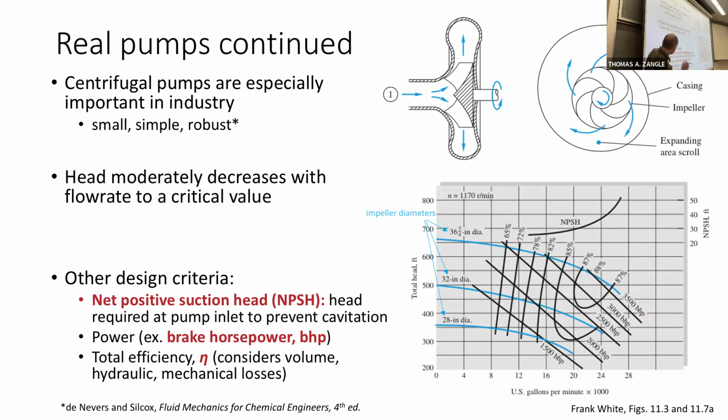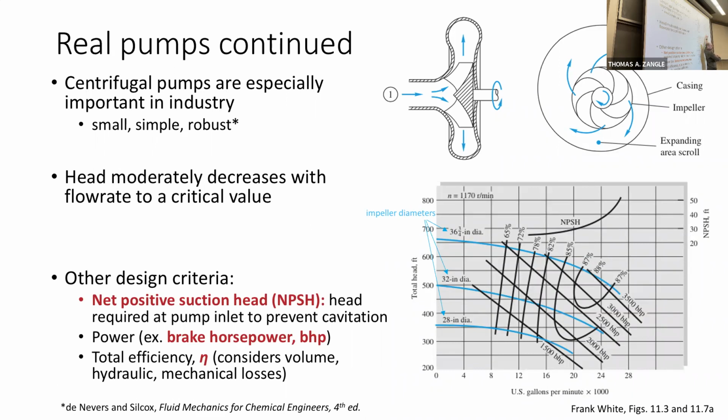There are some other design criteria, including the net positive suction head, NPSH. That would be the head required, or the pressure required, at the pump inlet to prevent cavitation. Basically, in one of these pumps, you have an impeller that's spinning around and around and ejecting fluid as it spins. That ejection of fluid is what's actually pumping the fluid through the system.